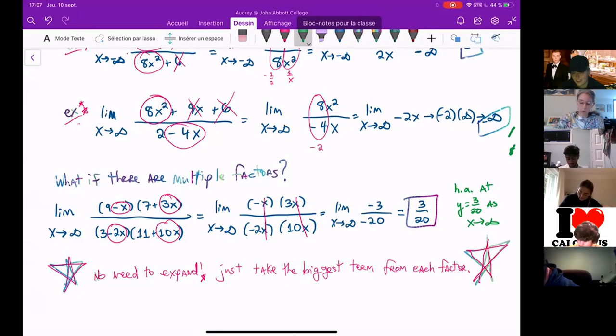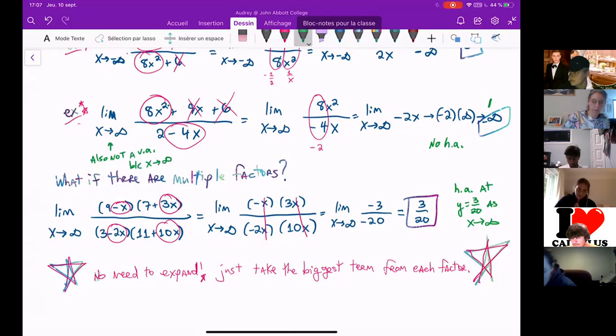What about in the previous question where my answer was negative infinity? Was that a horizontal asymptote? No. Remember we said if the answer is infinite, there is no horizontal asymptote. And I want to point out that it's also not a vertical asymptote because x is going to infinity.